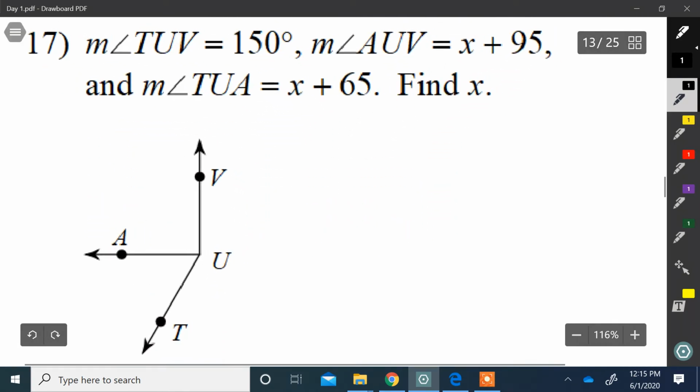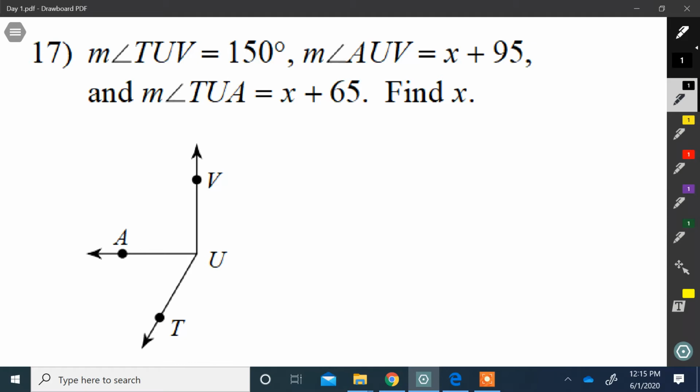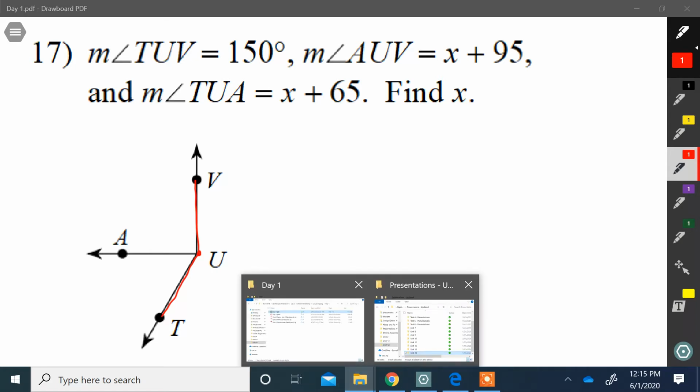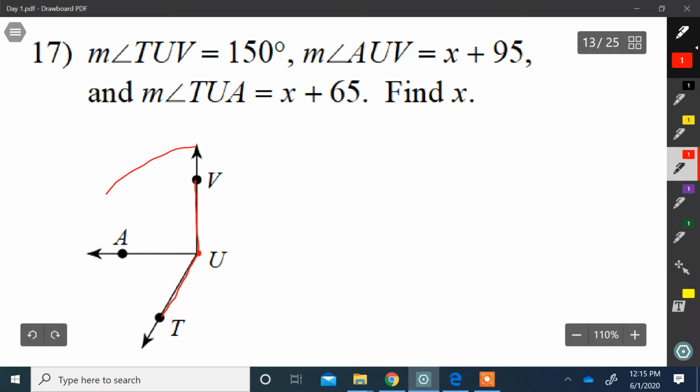Okay, so let's go ahead and see what this is saying. We have the measurement of TUB. So we have T, U, and B. It's that whole angle right there. That whole angle is 150 degrees. So from here to there, that's 150 degrees. All right, so we're done with this information here. Let's proceed to the other one.